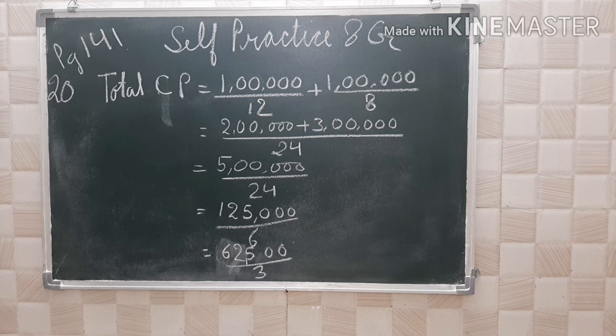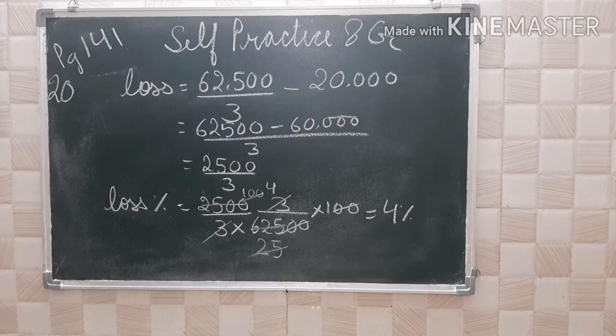Now what do you have to find? You have to find loss, because CP is more than the SP. Now what is the loss here? Loss is 62,500 upon 3 minus SP, that is 20,000. And next it will become 62,500 minus 60,000 by 3.